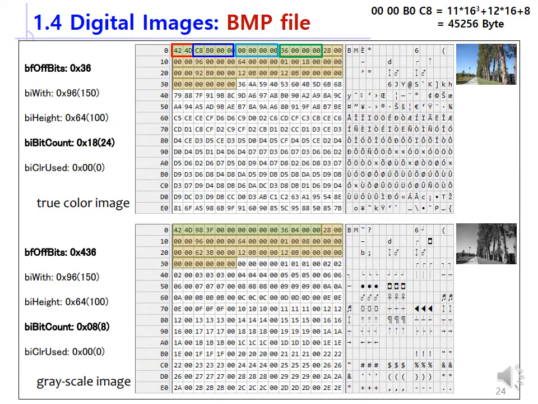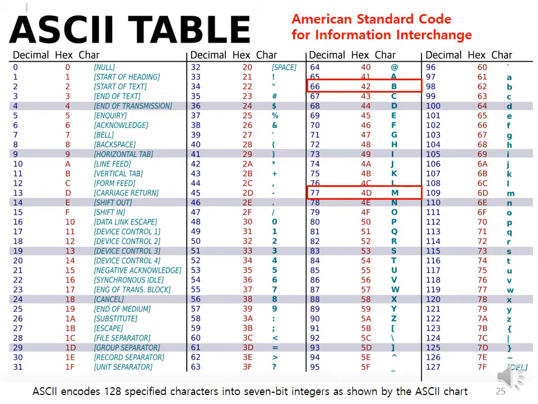This slide shows an example of two bitmap files, a color image and a grayscale image. This is the total ASCII code table. So they can express characters from null to start of heading, something like that.